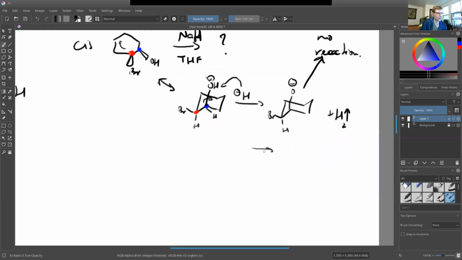You could very well do a ring flip, and you take your time and be really careful about it. So what you wind up getting is this guy over here flips up, and now this O minus is equatorial. Well, you still can't do SN2, right? You can't do backside attack.